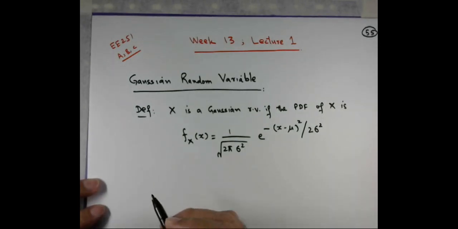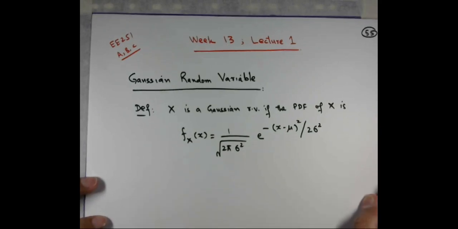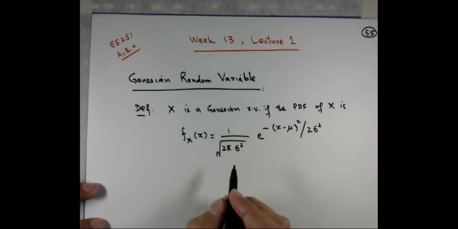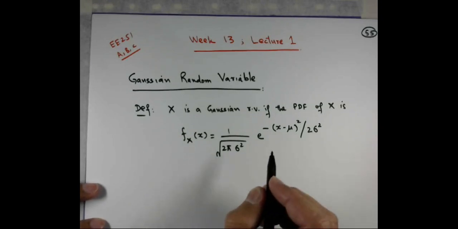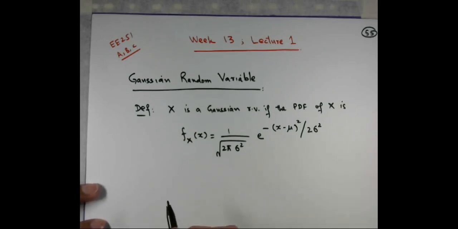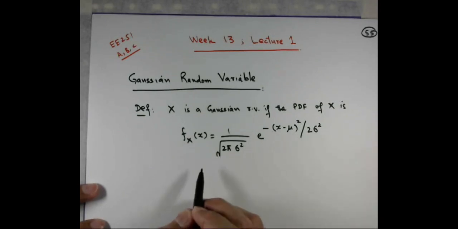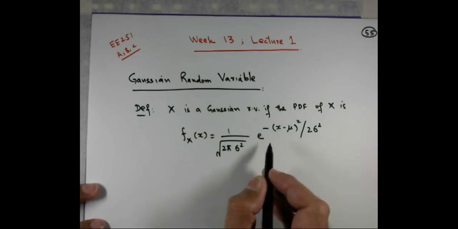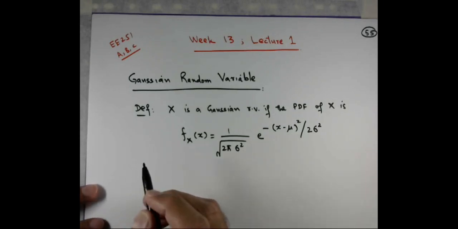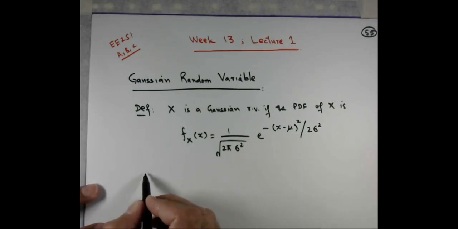So now let's identify the parameters here. As I've told you, the parameters of a distribution can be simply identified by excluding the constants and the variable. If you exclude the constant and the variable, what is left is sigma and mu. So these are the two parameters.